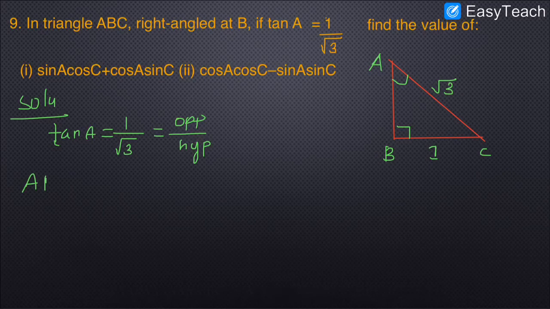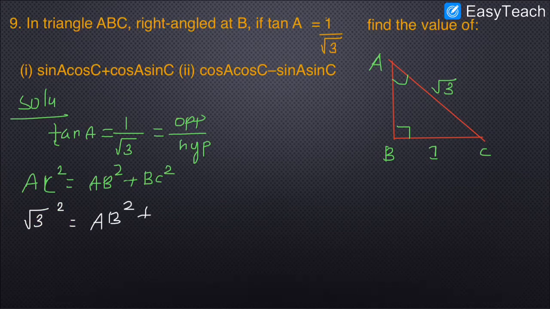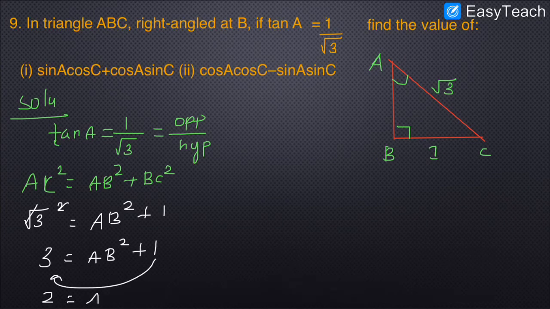So, let us find out the AB side using the Pythagoras theorem. So, AC square equal to AB square plus BC square. So, I substitute the value, and root 3 and root cancel out. So, 3, AB square plus 1, if it comes to the other side, AB square is 2.